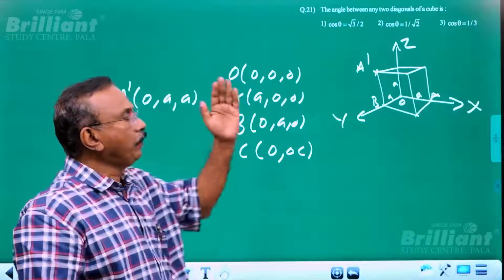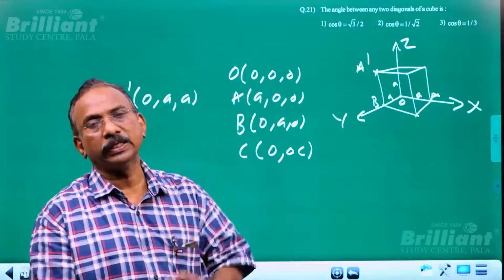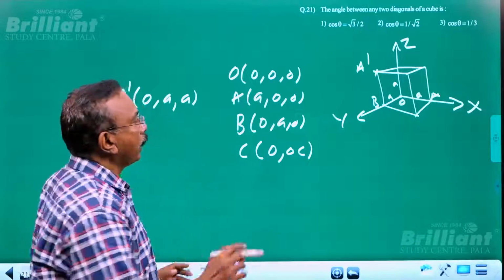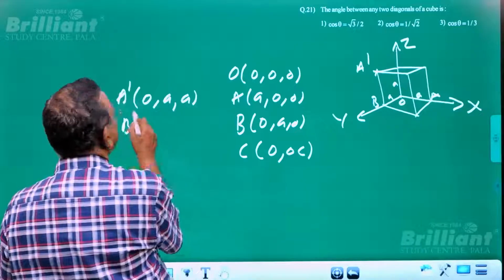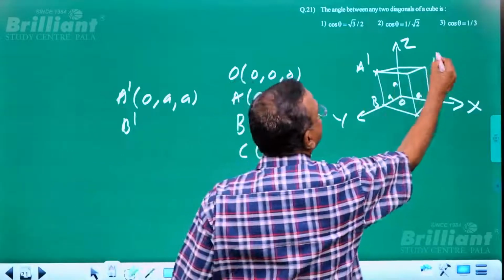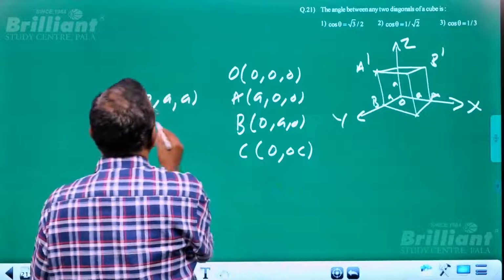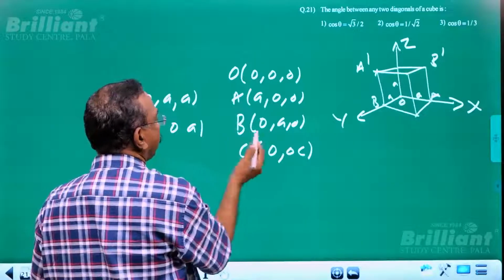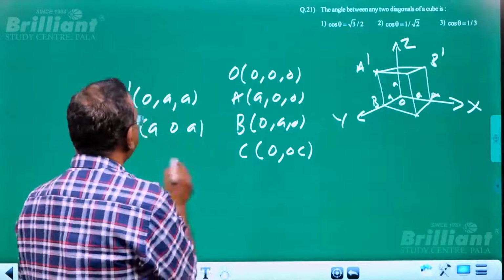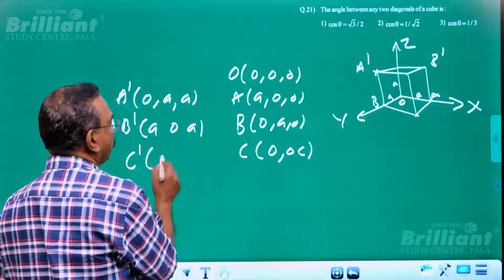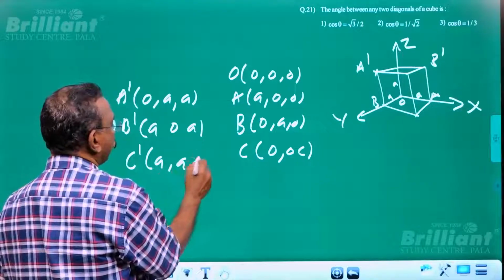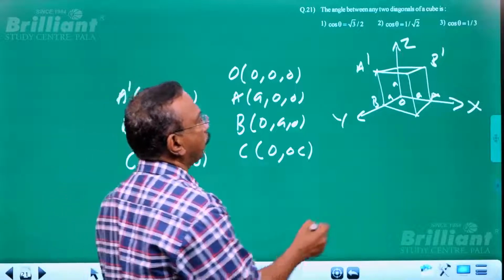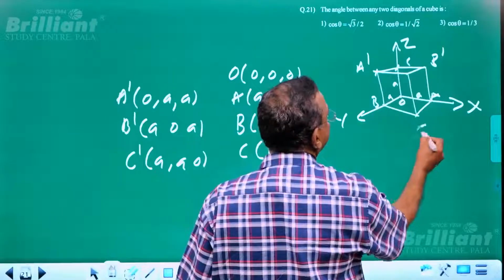Look here, in the y-z plane the x coordinate is 0. Again I mark B dash, the opposite vertex here, which is (A, 0, A). And corresponding to C, I mark the opposite point as C dash.